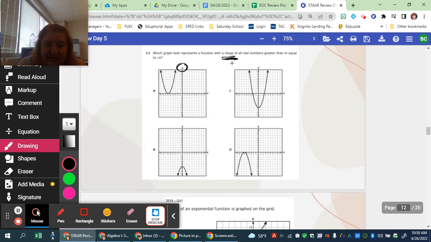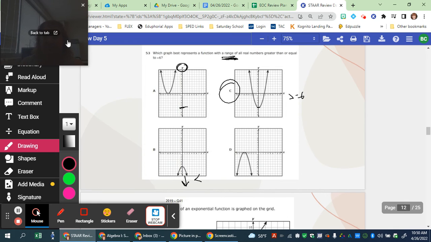And here is -6. Well, it's not that one. Up, there's one. Not that one, not that one. So we're looking on the y, and it says numbers greater than. So it's not going to be less than. This would be less than. It's going to be greater than -6. So that would be C.